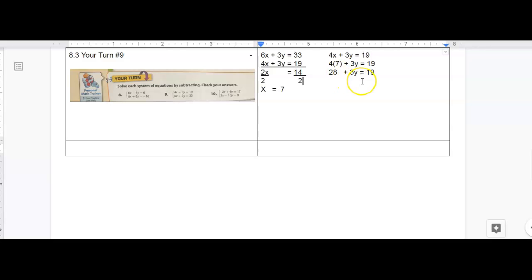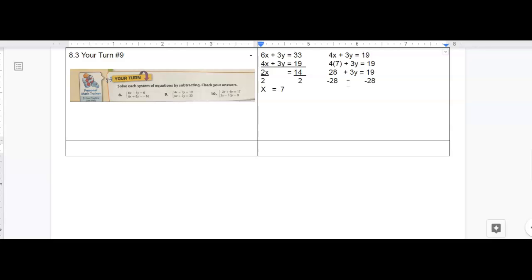So now I want to isolate the y. The y is being multiplied by 3 and then added to 28. The last thing was added to 28. So what I'm going to do is subtract 28 from both sides. Whatever I do to one side, I got to do to the other side.